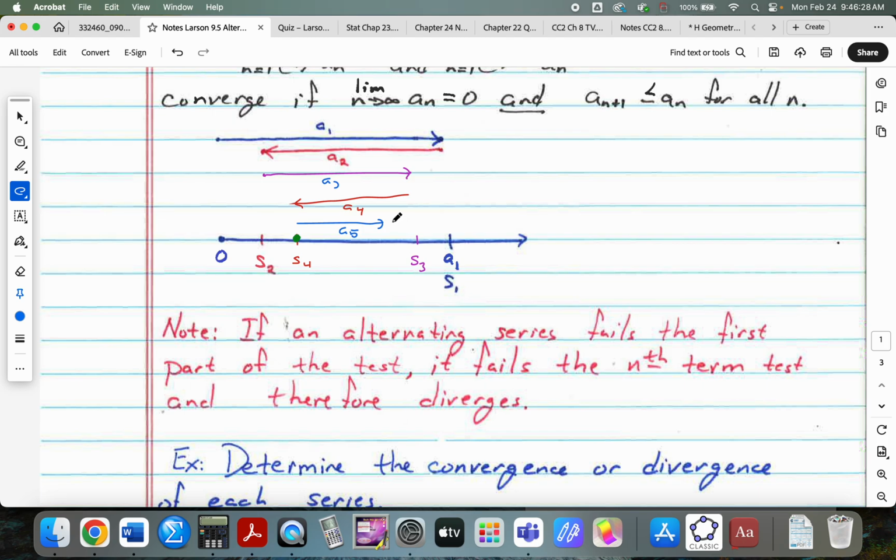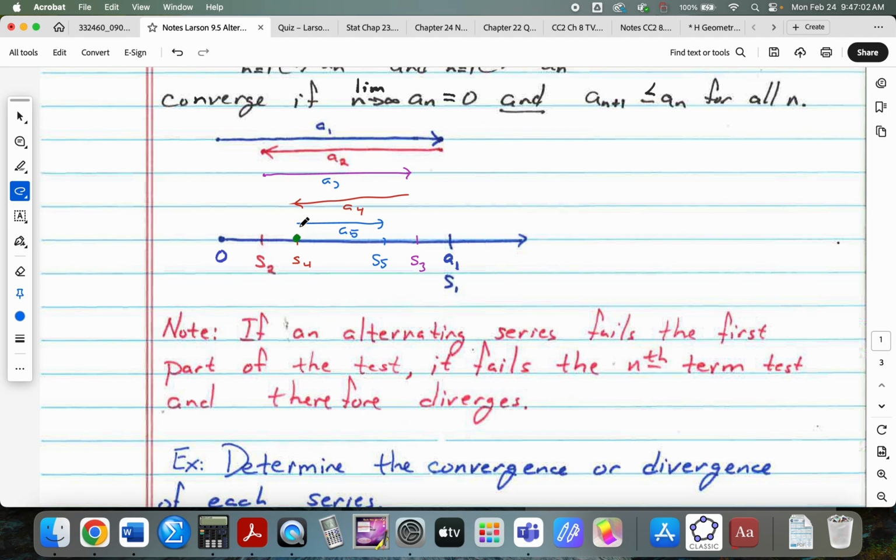Now, your book, I think a little bit stupidly, frankly, doesn't pay attention to the signs of these, but the sign will also help you give an interval. For example, if you summed the first 4 terms, then we know that the actual sum will be somewhere between s sub 4 and s sub 5, right?